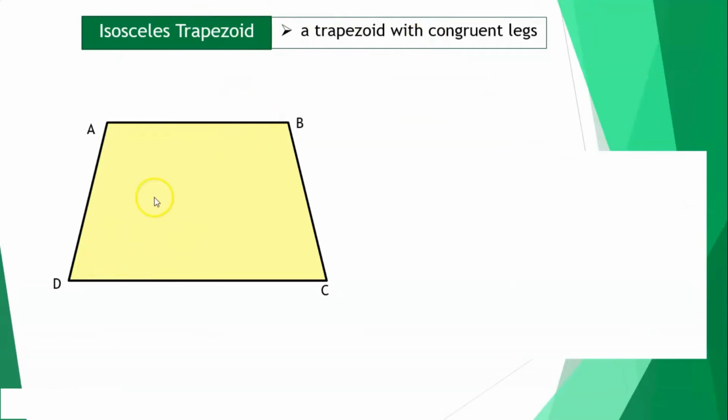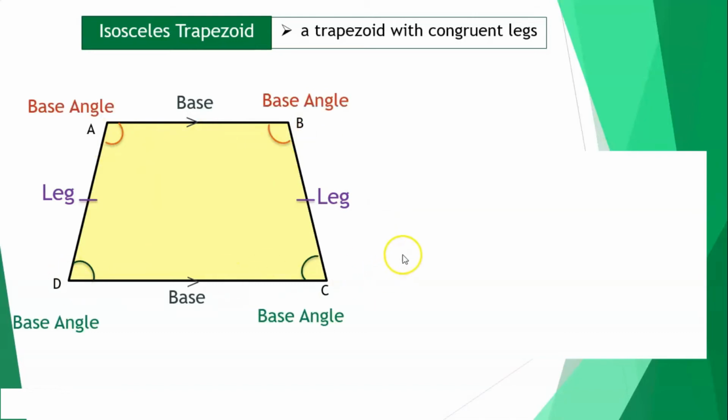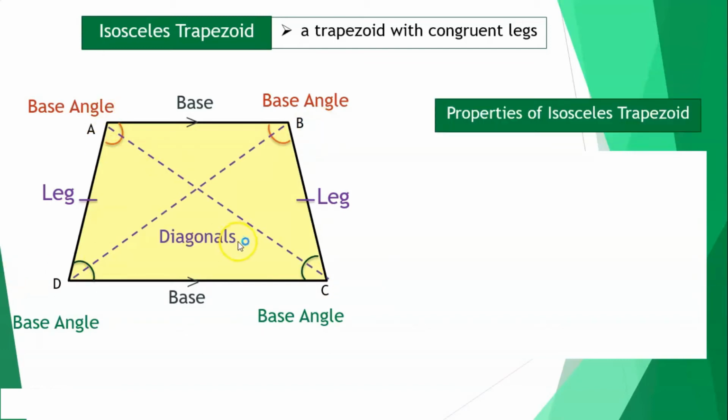Now, given this trapezoid A, B, C, and D, this AB here is parallel to CD based on the markings here, and they are considered as the bases. Now, this AD here is congruent to BC based on the markings, and they're considered as legs. Then we have here base angles, angle A, angle B, and angle C and D, and they're considered as the base angles. And we have here lines AC and BD, and they're considered as the diagonals.